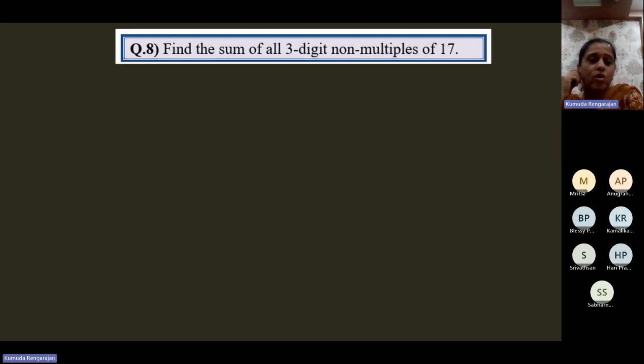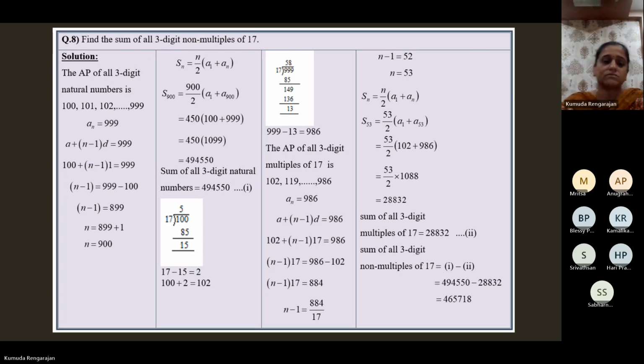Find the sum of all 3-digit non-multiples of 17. What's the answer? So the procedure is, 3-digit, okay?